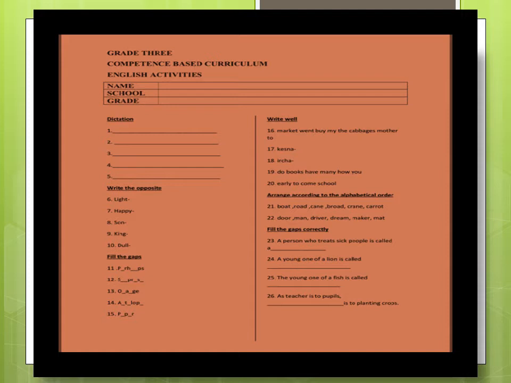Write the opposite of the following words. The first one, the opposite of light is dark. The opposite of happy, sad.